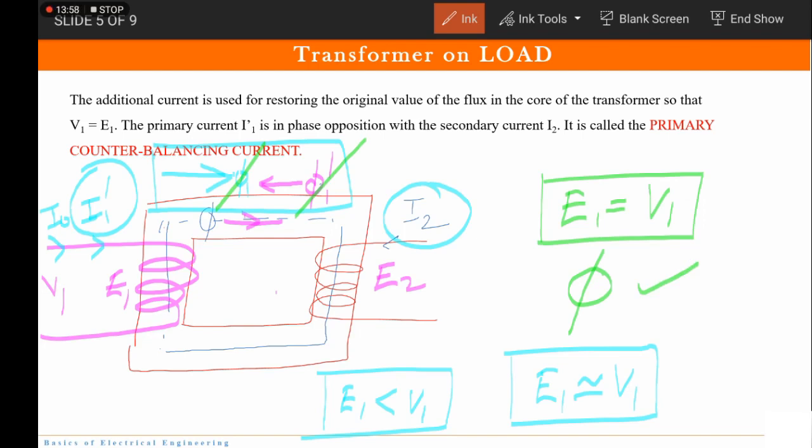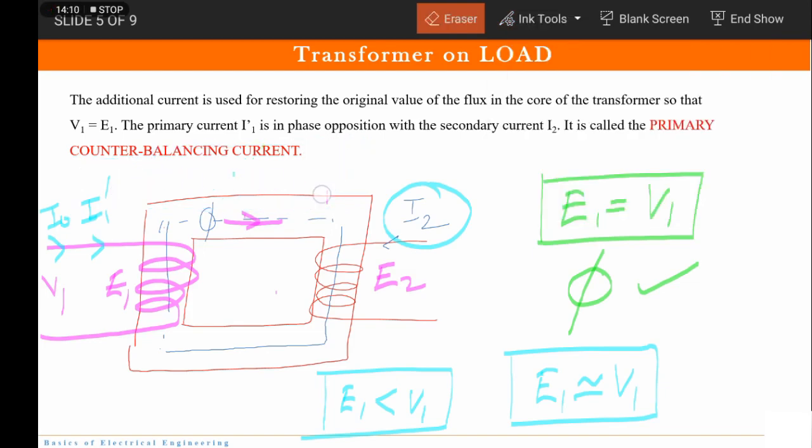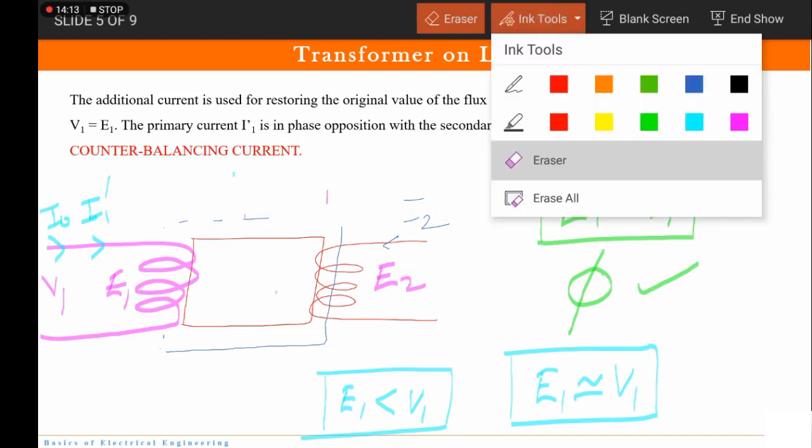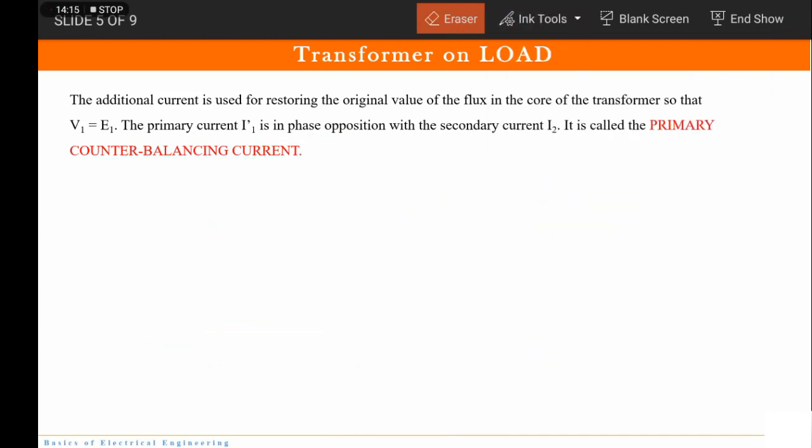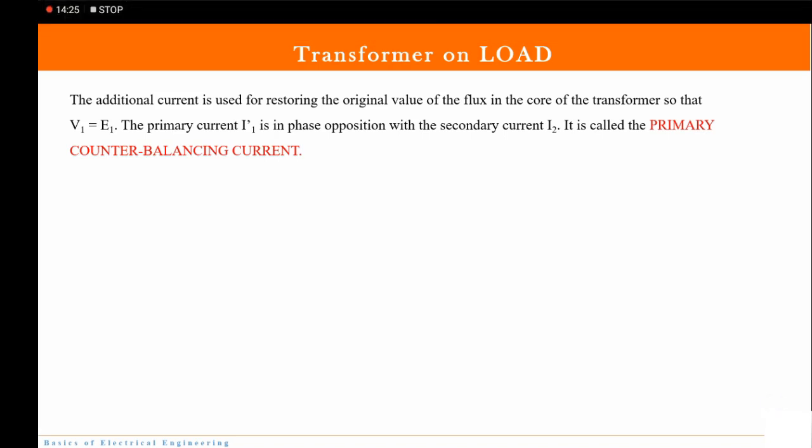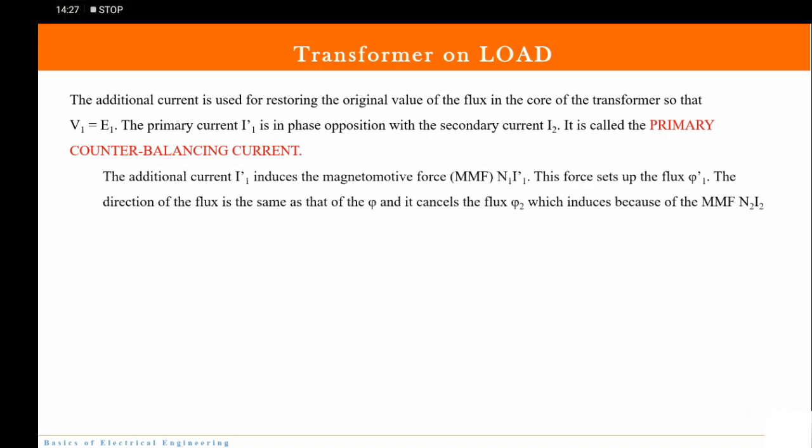Understood? So a lot of things are happening in the circuit, but some kind of counterbalancing effect is there, and because of that the final condition remains the same. So many things happen, but this primary counterbalancing current nullified the effect of I2.